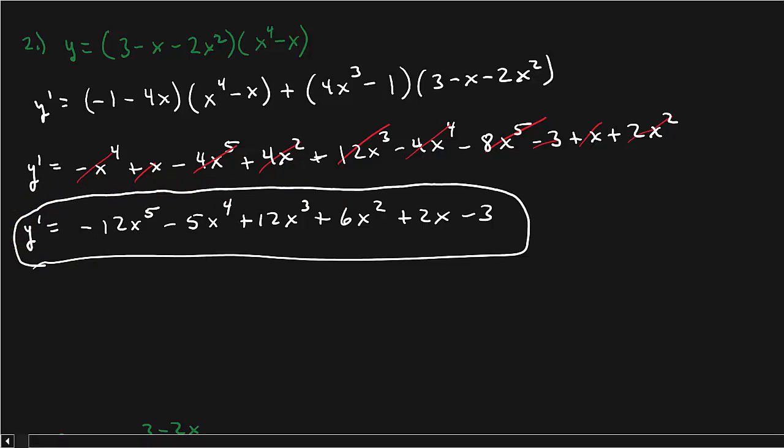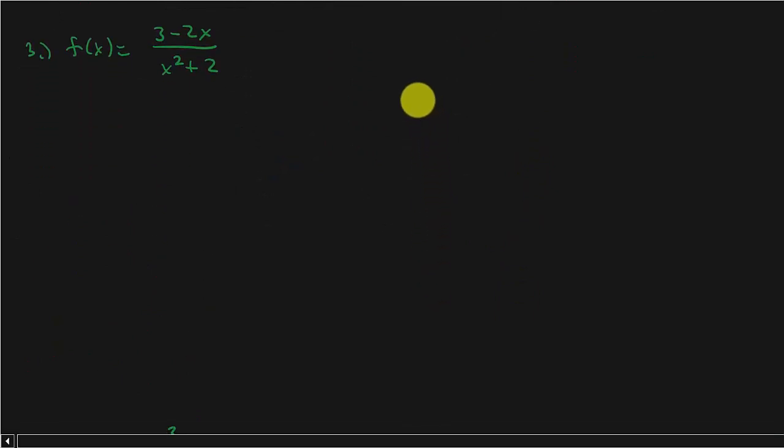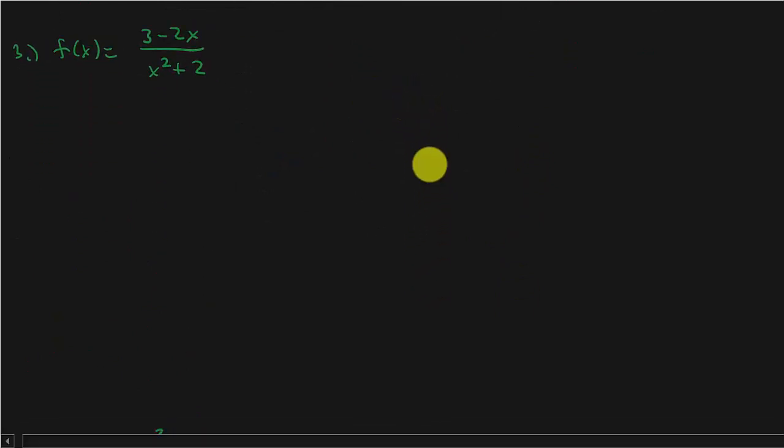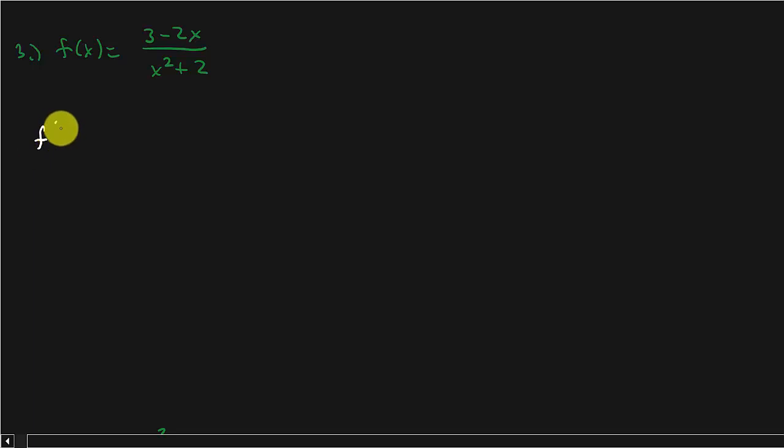All right, so let's move right along. Okay, so now we have a rational function. We want to take the derivative. Here we have to use the quotient rule. So the first two examples we worked, we used the product rule. Now we use the quotient rule. All right, so what does the quotient rule say? f prime of x is equal to, so remember, it's the derivative of the numerator.